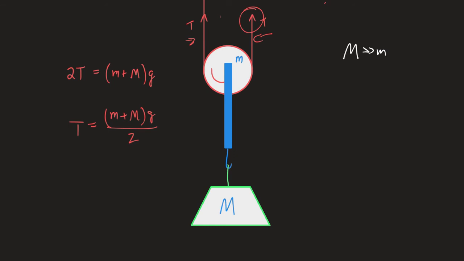So you get half the force, but to lift it, you have to lift it twice as far. So if you want to lift it 2 meters, you will have to pull upwards 4 meters of rope. You follow what I'm saying? So all simple machines operate under this condition, that they will reduce force at the expense of distance.